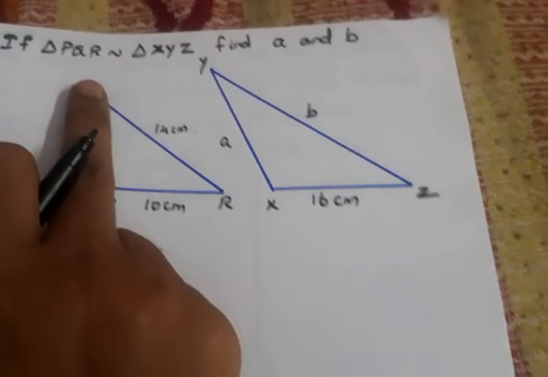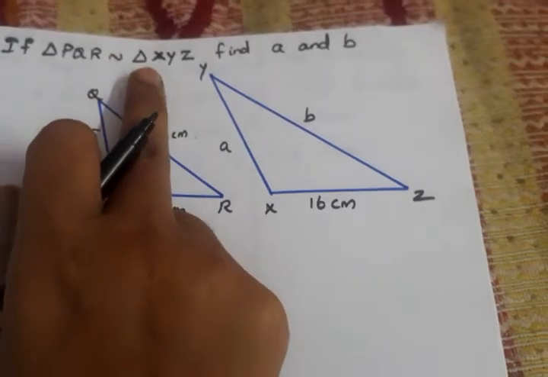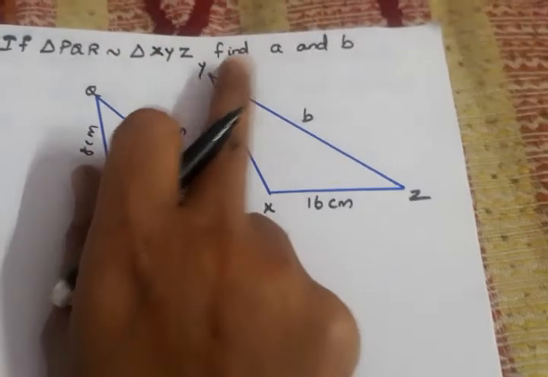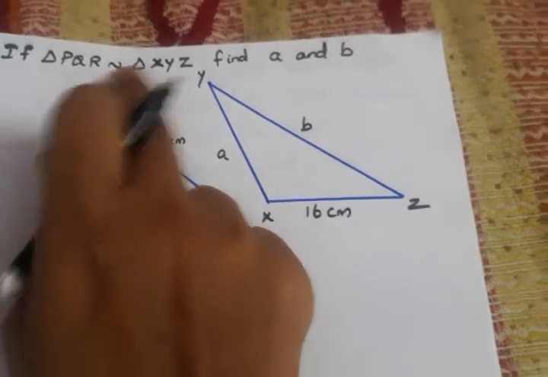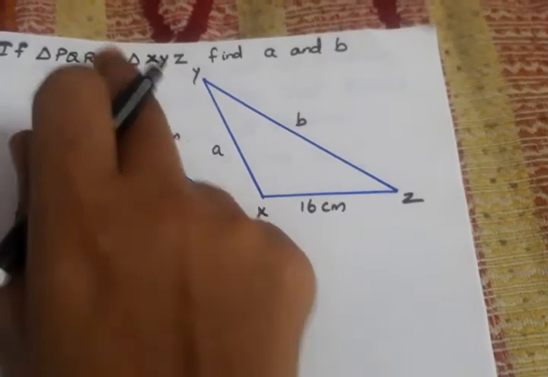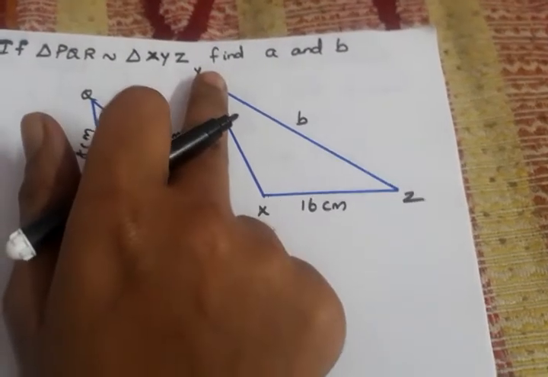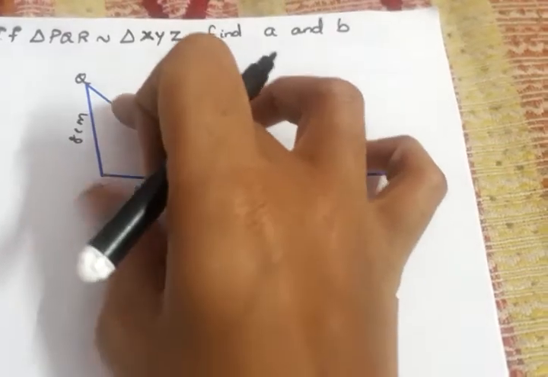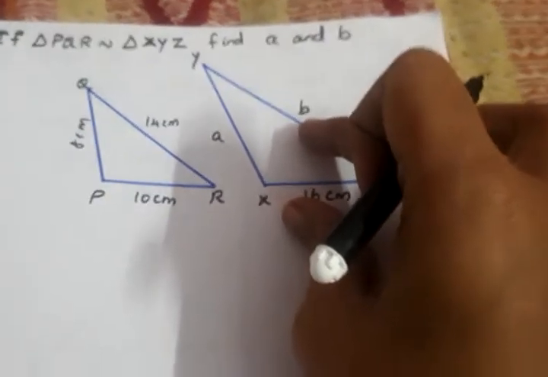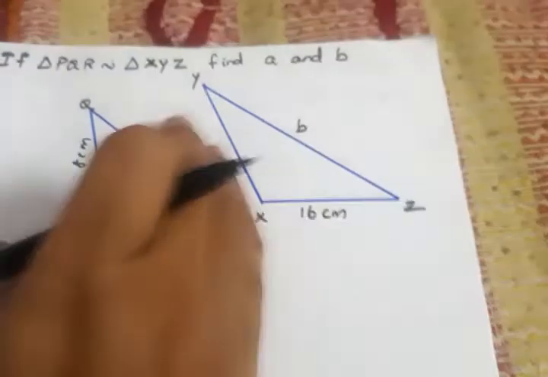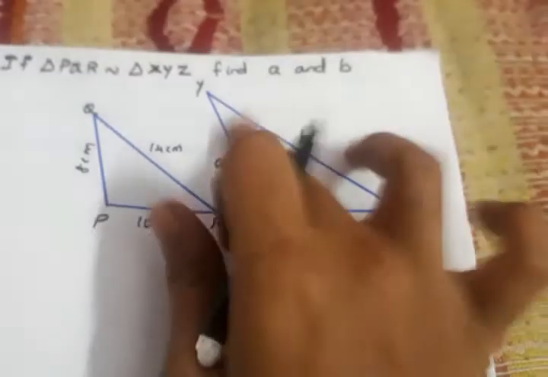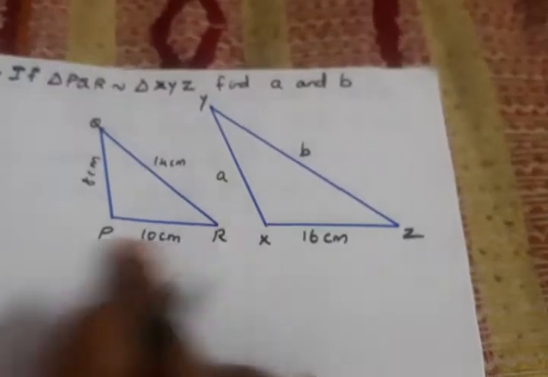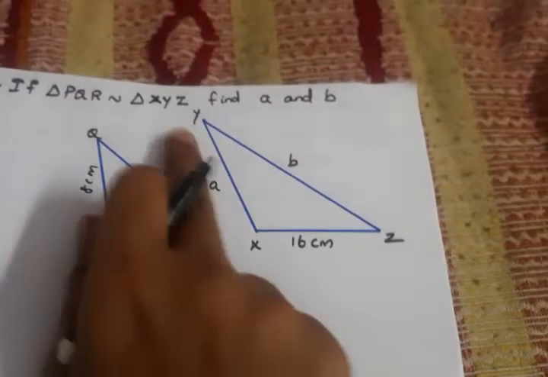Third sum: if triangle PQR is congruent to triangle XYZ, find a and b. You already know the symbol, isn't it? That is equal, congruent. This side is equal and this side is also equal.